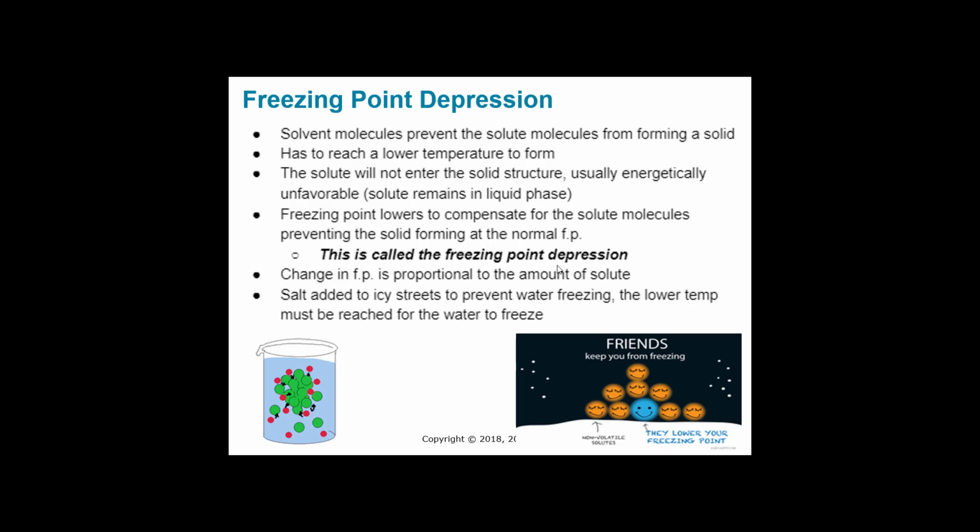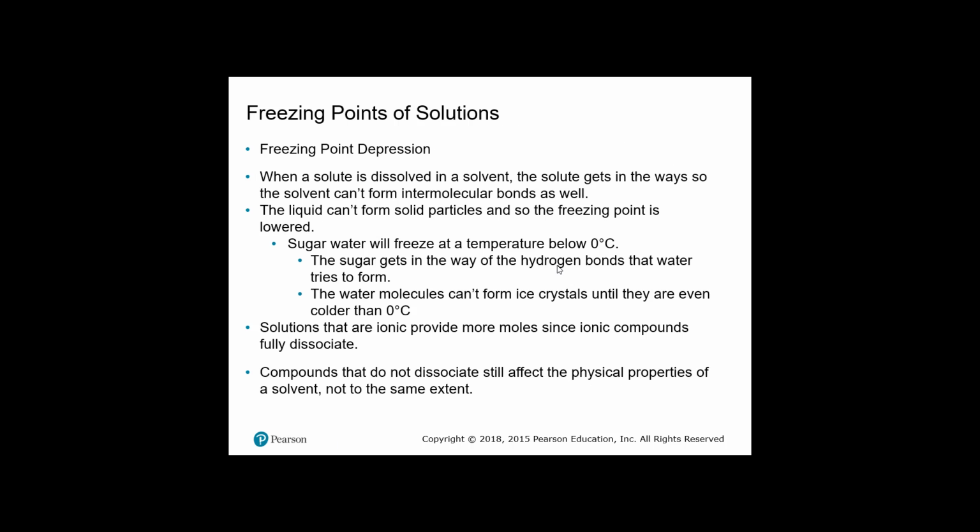So how many particles you have in there will make the change. It will be a big change or a small change. So this is why salt is added to icy streets. It makes the temperature lower for water to freeze. So if it's, say, 5 degrees Celsius, we'll just do Fahrenheit, it has to get down so much lower in order to get to where it starts to freeze up on you.